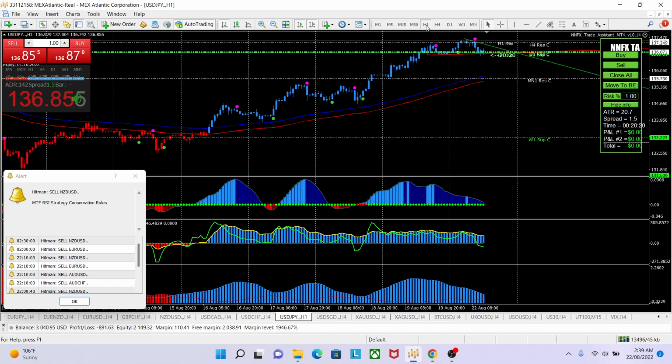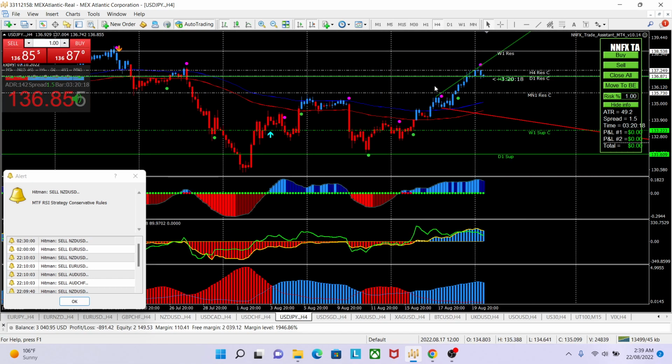Apart from this, what my system does is support and resistance. Basically, it's not supply and demand, it's support and resistance. So I will see on the chart support and resistance for all the time frames above my current time frame. So I will see weekly support, weekly resistance, monthly support, monthly resistance, and these are usually the turning points of the market, or the market stalls when it reaches these points.